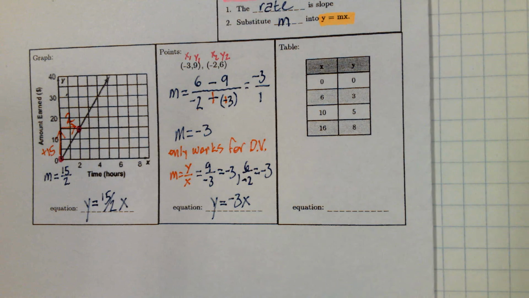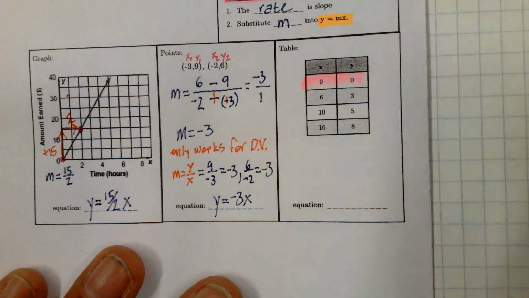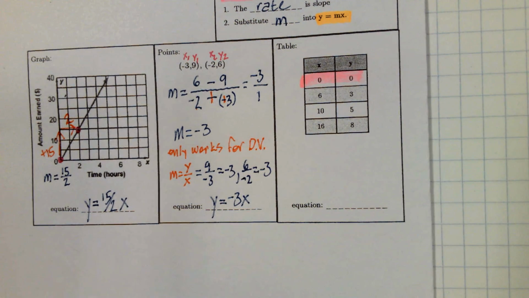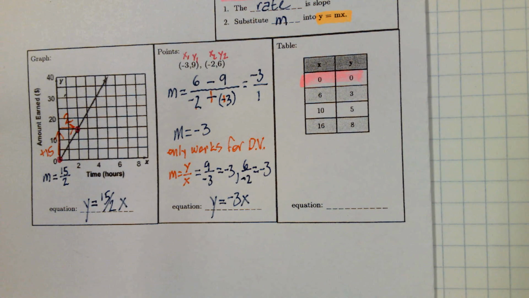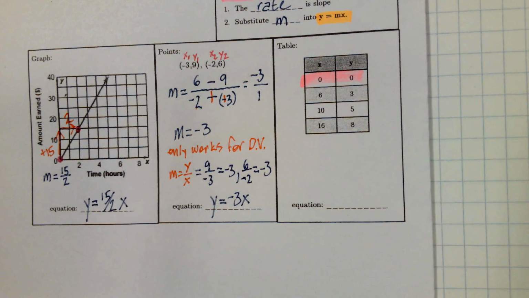Knowing that, when we have a table, how do we know that it's a direct variation, guys? The x and y starting point. Yep. Starting at 0, 0. If 0, 0 is part of your table, or if you can backtrack, count backwards, and see that you have 0, 0, it's direct variation.